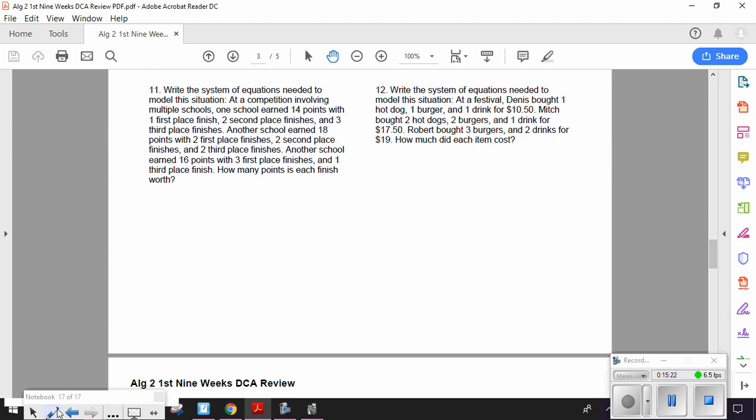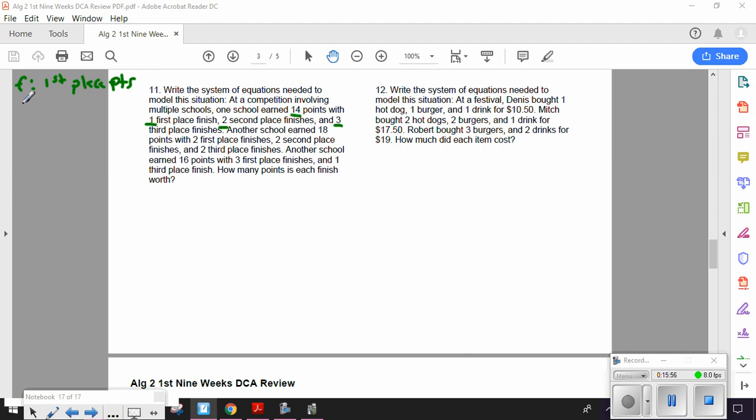Alrighty. So there's 3 schools. So each equation would represent one school. So the first school earned 14 points for 1, 2, and 3. So let's first establish some variables. Let's say F is first place points.